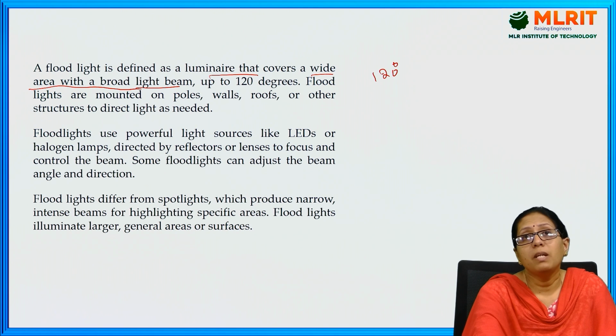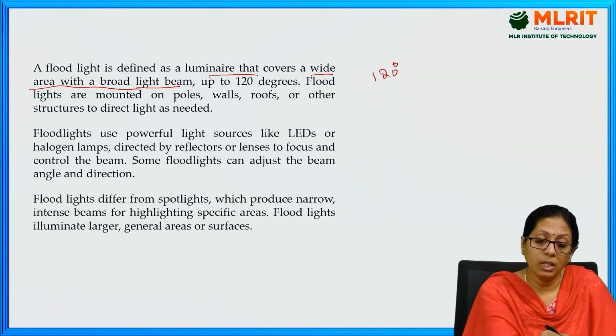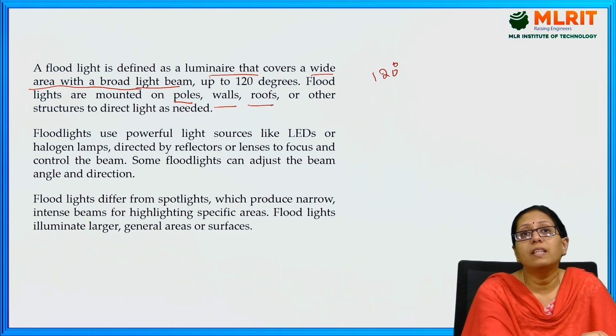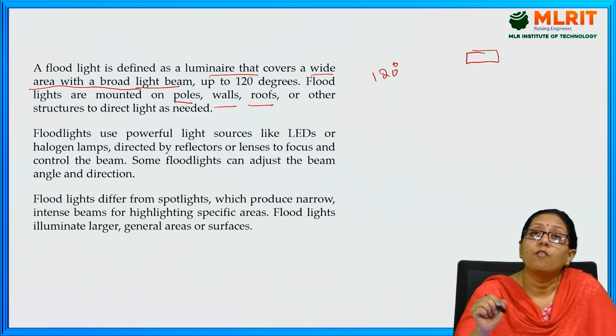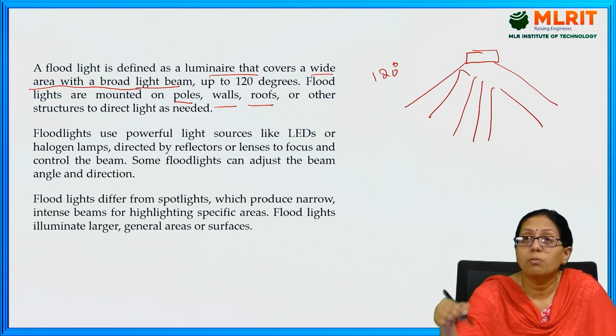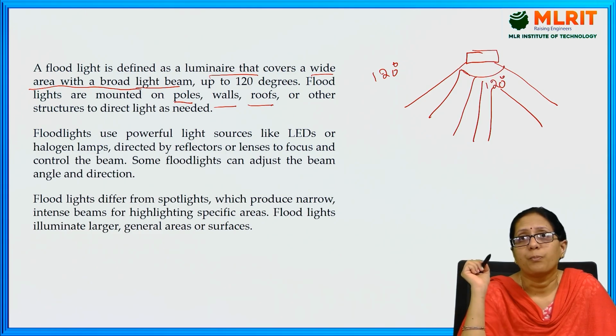Floodlights can be mounted on poles, walls, roofs or other structures to direct the light as needed. That means, let us take, if this is a particular floodlight, the floodlight beams are equally distributed to the particular area, and this angle is around 120 degrees.